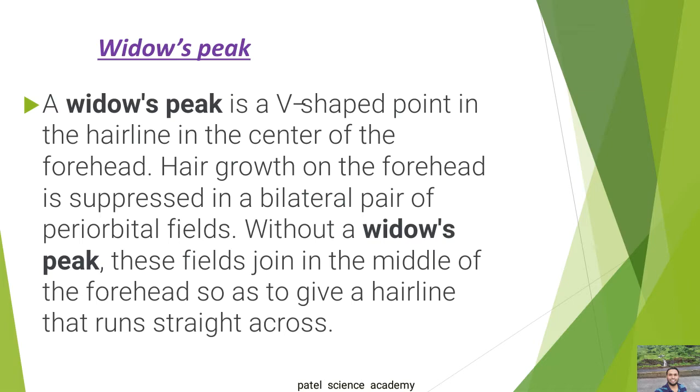You will see it in the next slide in the image. It's a V-shaped point or hairline in the center of the forehead, and hair growth on the forehead is suppressed in a bilateral pair of the periorbital fields. Without a widow's peak, these fields join in the middle of the forehead so as to give a hairline that runs straight across.